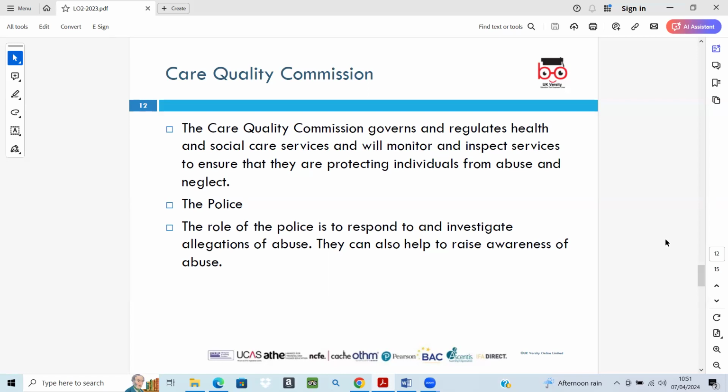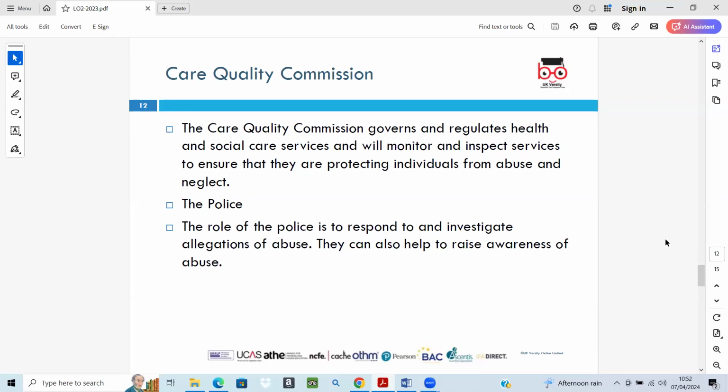And how do the police contribute to the prevention of abuse? The police contribute to prevention by investigating allegations, protecting individuals at risk, and raising awareness about abuse and the importance of reporting concerns.